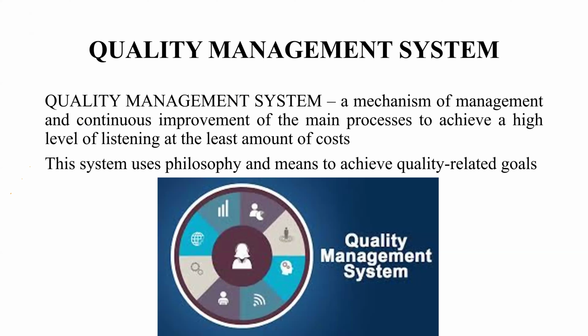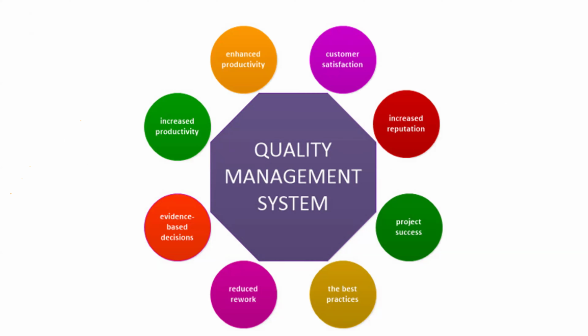The simplest way is safety technique in the lab. These are mechanisms of management and continuous improvement of the main process to achieve a high level of quality, counting the cost. In this graph we can see some obvious outcomes of creating this quality management system.